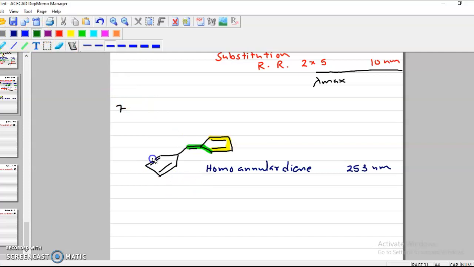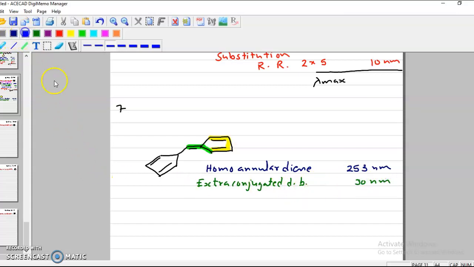Remember this: these two are not part of the system. So only one extra conjugated double bond, and for that we will take 30 nanometer.